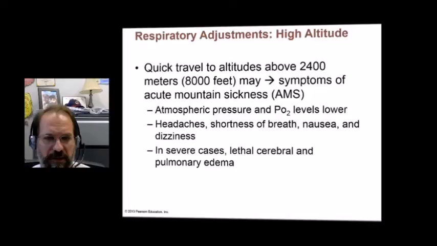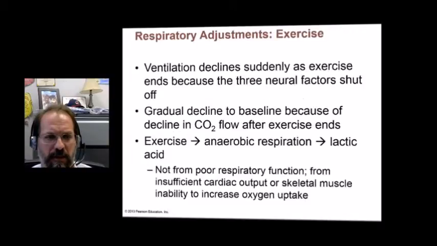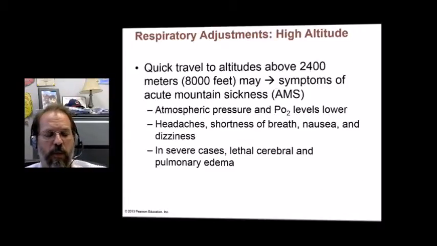I want to get to the slides to talk a little bit about disease. I guess this is the right place for this. One of the results that you can have when you are at very high altitudes is that the air becomes thinner. The pressures are less, and actually the concentration of oxygen decreases as well.